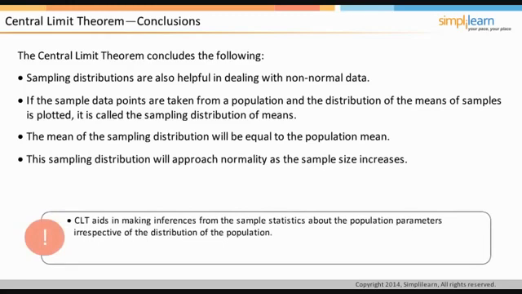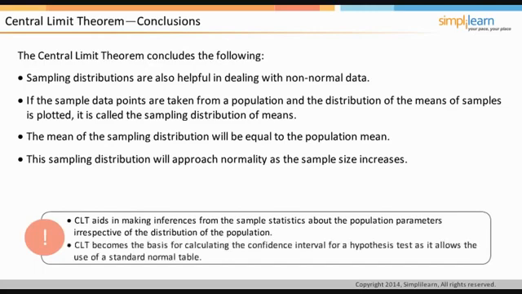Note that CLT enables you to draw inferences from the sample statistics about the population parameters. This is irrespective of the distribution of the population. CLT also becomes the basis for calculating confidence interval for hypothesis tests, as it allows the use of a standard normal table. Let us proceed to the next topic of this lesson in the following screen.